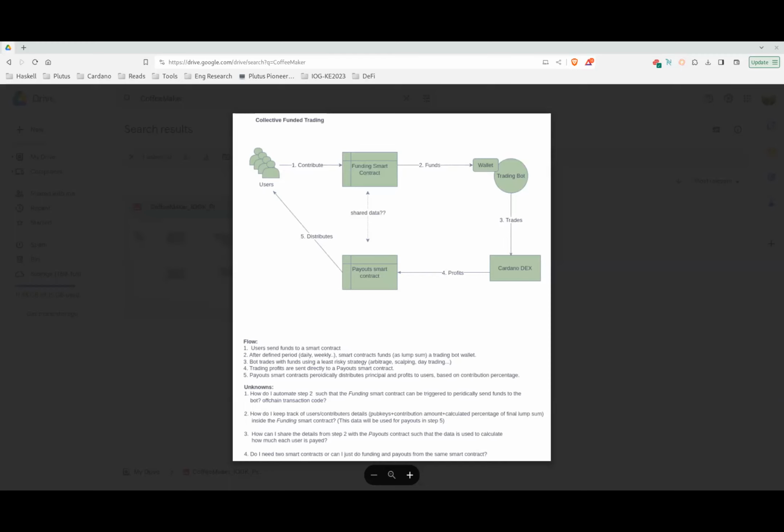The first part, where people invest in the bot, and then later the distribution according to the percentage of how much people invested, I think that can definitely be done by a smart contract. But the middle part, the bot itself, I think that would need to be something that people trust.